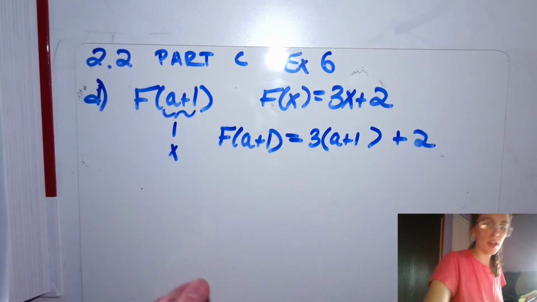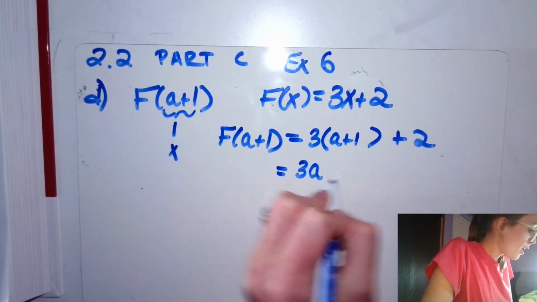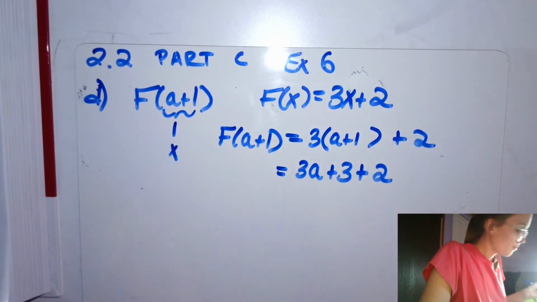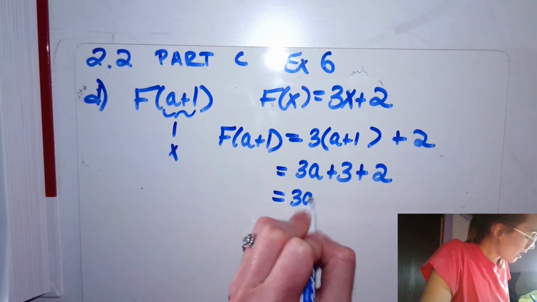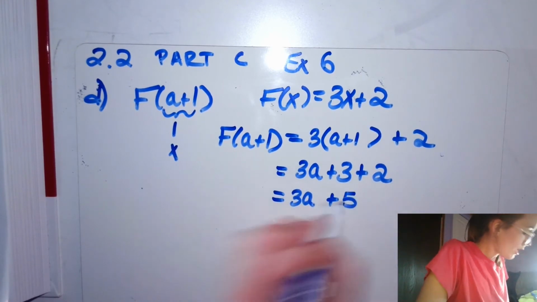Okay? And then we'll go ahead and distribute that 3. So you get 3a plus 3 plus 2. Okay? And then you can combine these two, 3a plus 5.